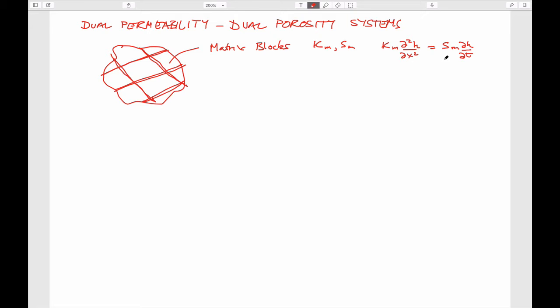So if you look at an oil reservoir, or a groundwater reservoir for that matter, all of the storage, all of the volume of fluid is present within the large volume of matrix blocks with a relatively large porosity, maybe of 25, 30%.